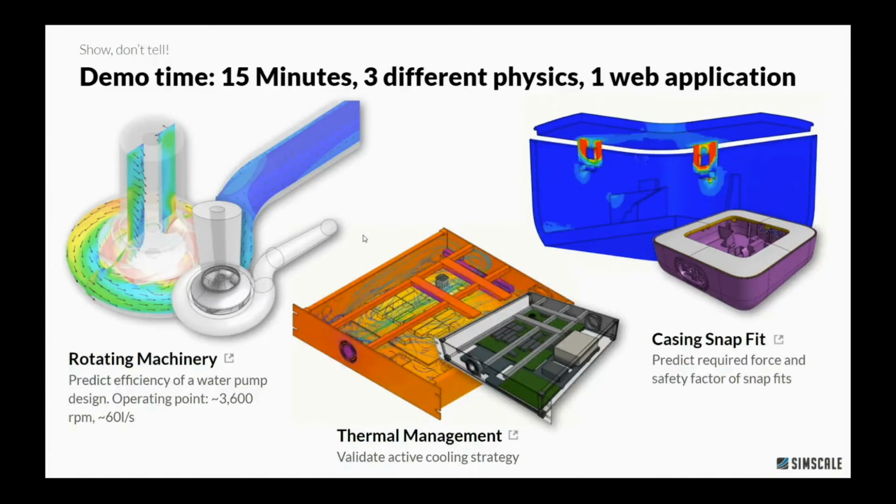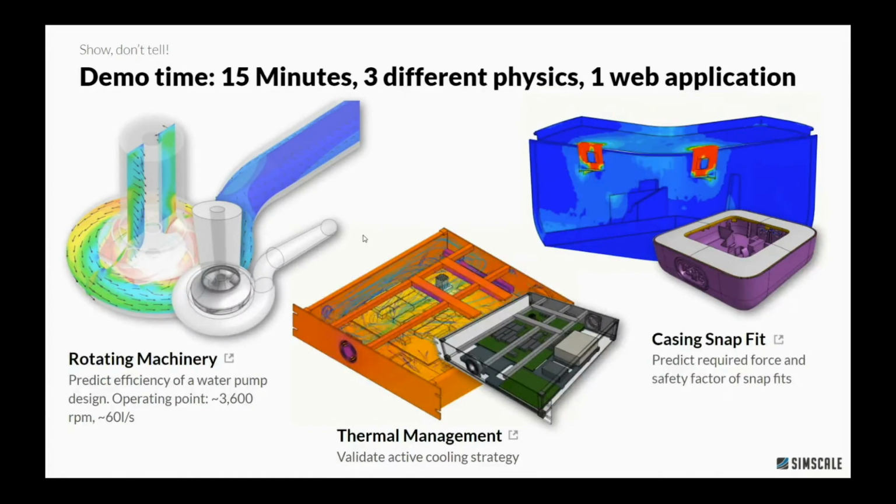The reason why we've chosen these 3 examples is that what I want to convey is that this is not a one-trick pony where it works for a certain application. No, it's supposed to deliver a broad range of physics to a whole host of engineering issues you face on a daily basis. We're going to start with the first one, with the rotating machinery application that we're going to look at in more detail.